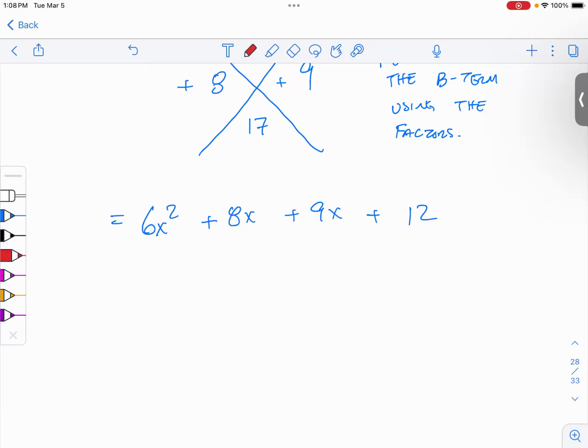Now I have 4 terms. What should I do? Factor by grouping. Of the first 2 terms, what can I pull out? 2x.